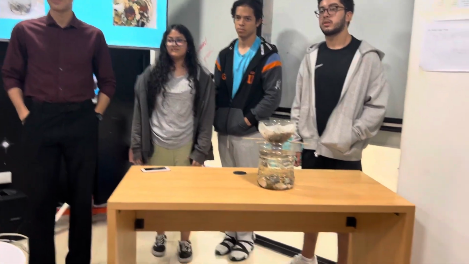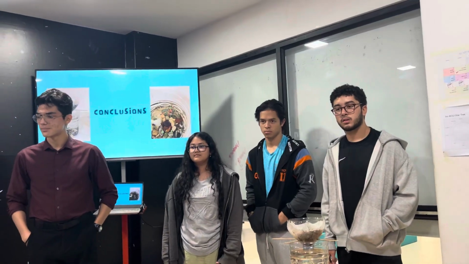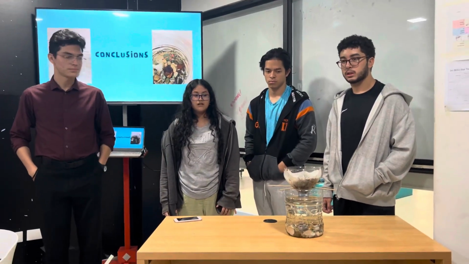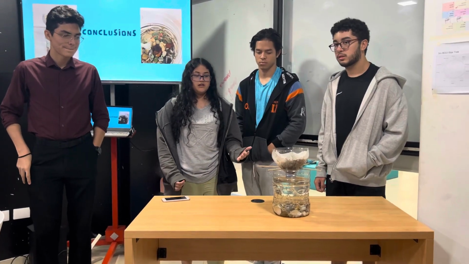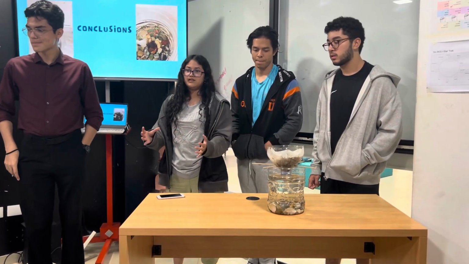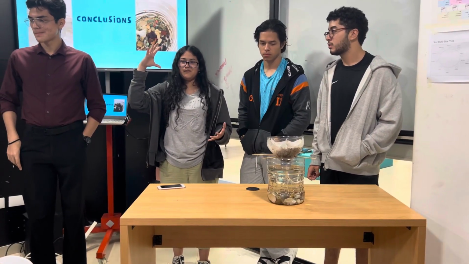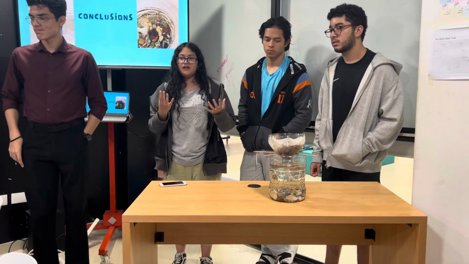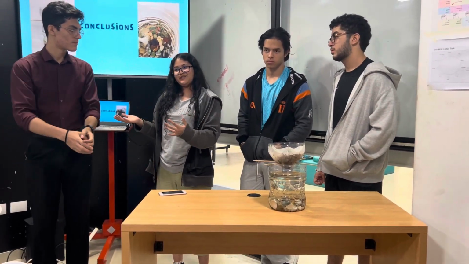How does photosynthesis work in this environment? Well, like I said, we put seeds, so we have to put it in the sunlight, and the sunlight makes the plant grow, and when the plant grows, there is photosynthesis.